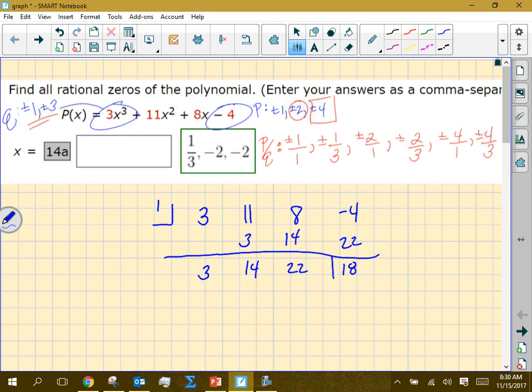Now, what's nice about this, if we remember what the upper and lower bounds told us, is that if you choose a positive number up here, and you get a result in which all of these things down here are positive, and they could actually be positive or 0, then that tells you that this number 1 is an upper bound.